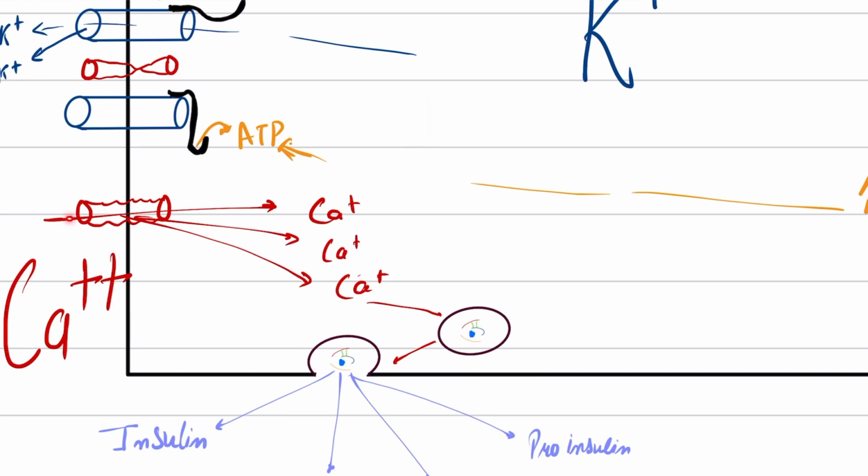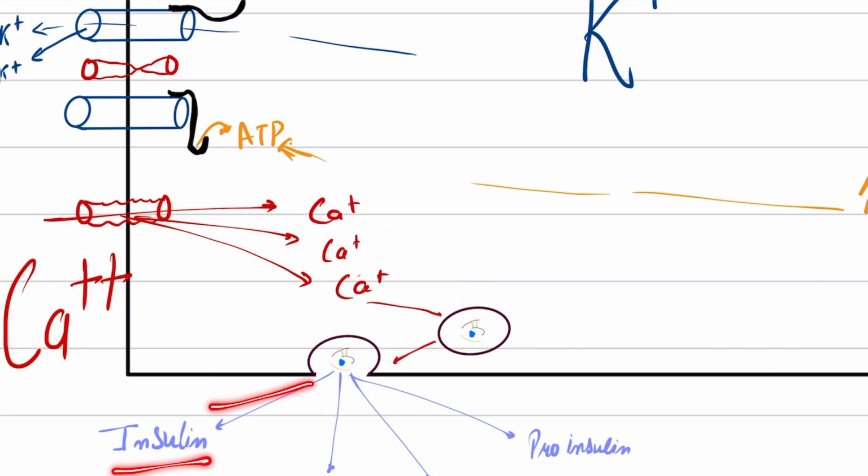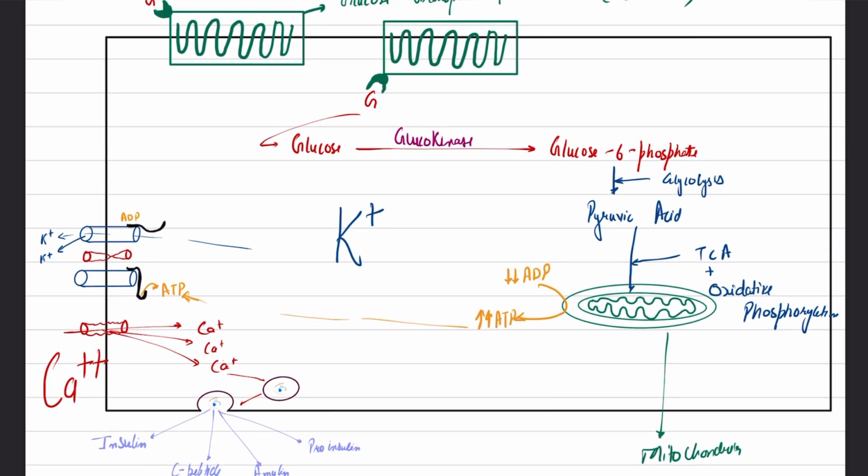This voltage sensitive calcium channel will open and a lot of calcium will come inside. This calcium will stimulate the secretory vesicles to fuse with the membrane and release insulin, C-peptide, amylin, and proinsulin. This is called exocytosis. This is how insulin gets released from the beta cell.